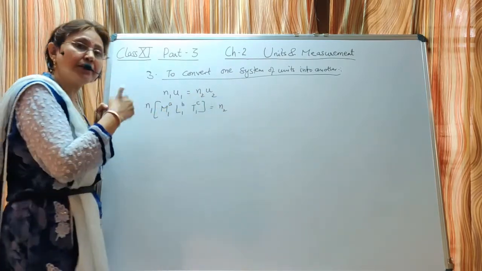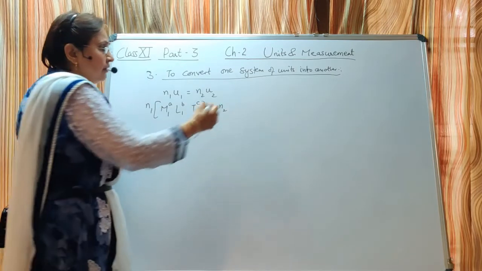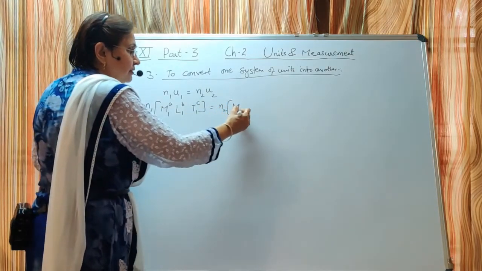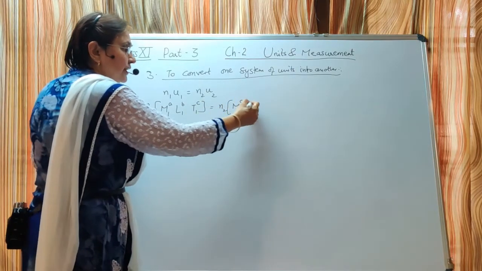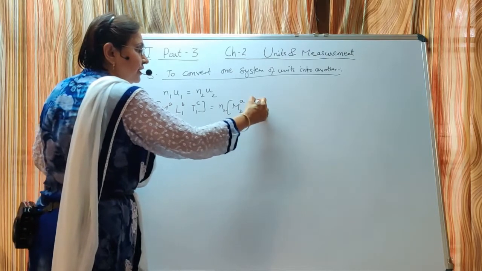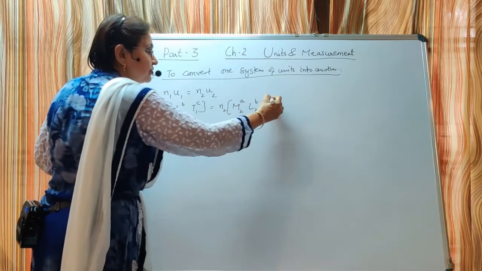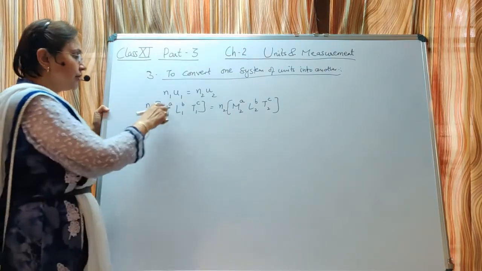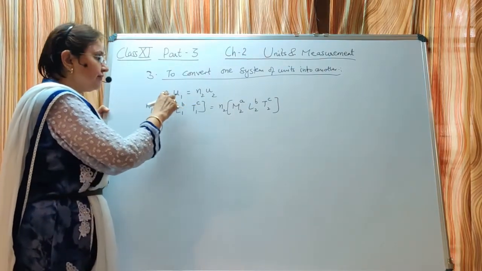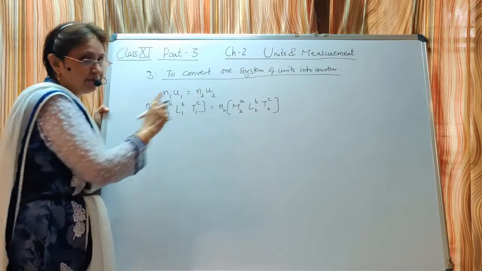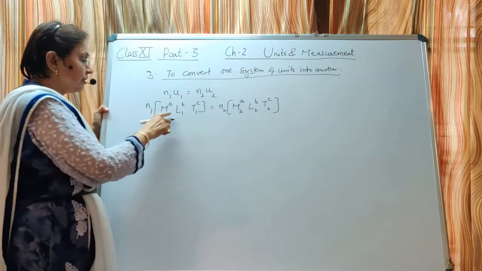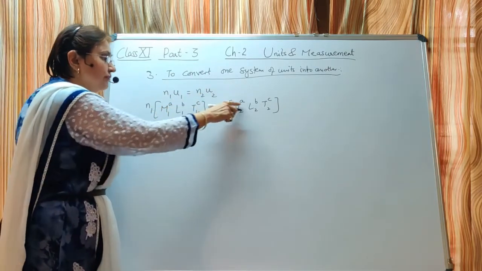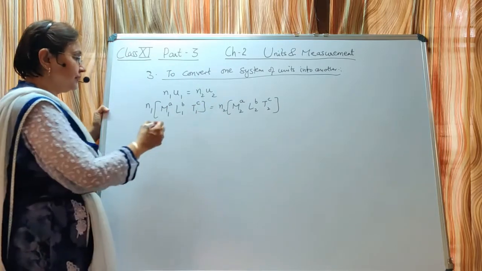U2 is the unit in the second system, which will have the dimension M2 raised to the power A, L2 raised to the power B, T2 raised to the power C. This is in the second system, this is in the first system. The powers will remain the same, like 5 meters is equal to 500 centimeters. So the powers A, B, C of M, L and T will remain the same.